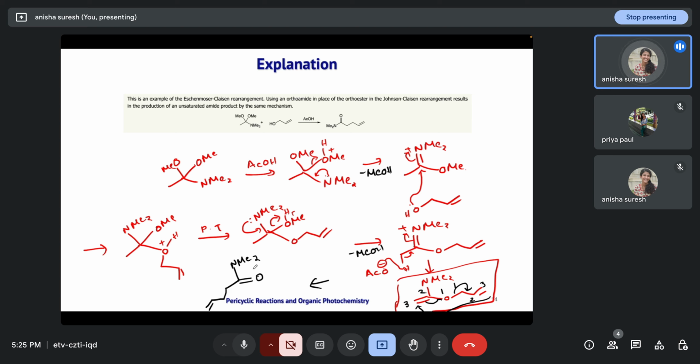Okay, a gamma delta unsaturated amide will be forming in this case. Is the mechanism clear? Yes. Okay.